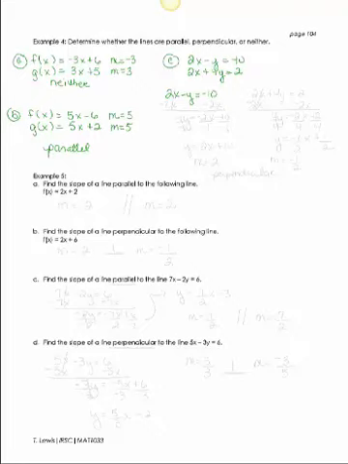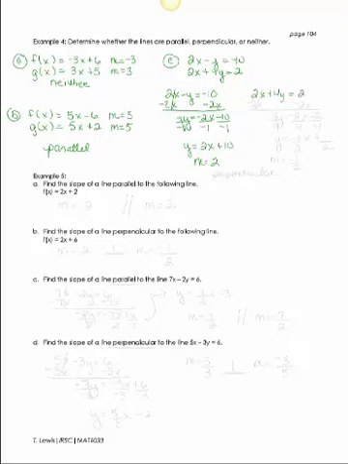So our first equation, we're going to subtract 2x from both sides. We have negative y is equal to negative 2x minus 10. Divide by negative 1. We have y is equal to 2x plus 10. So our slope here is 2. Our second equation, we have 2x plus 4y is equal to 2.